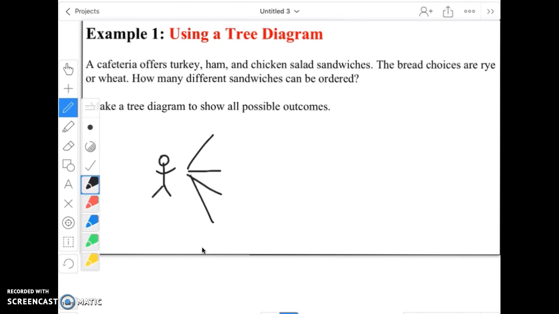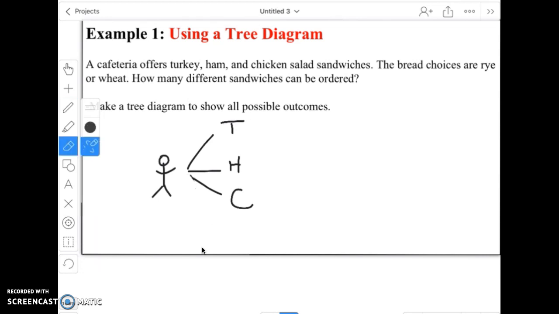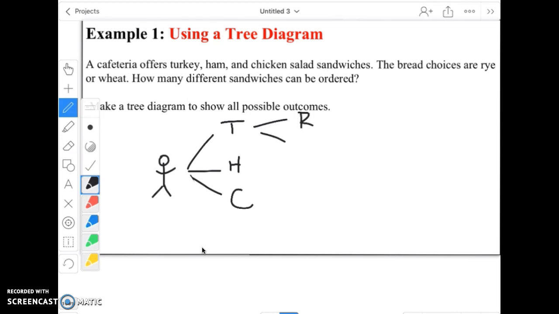So you're saying you either want turkey, ham, or chicken salad. We don't have a last choice there. And then our bread for each of those would be either rye or wheat.